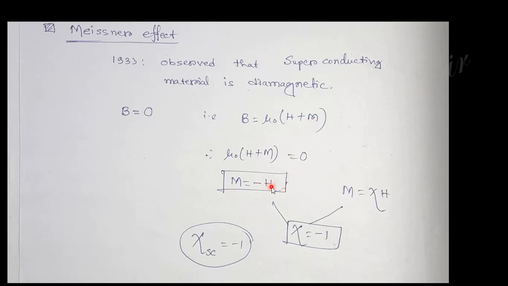So M equals minus H, and you know M equals chi H. So chi equals minus 1. Chi is nothing but susceptibility. So you can confirm that the susceptibility of a superconducting material or superconductor is minus 1. So a susceptibility of minus 1 means this is a diamagnetic material. That's why the superconductor is a diamagnetic material.